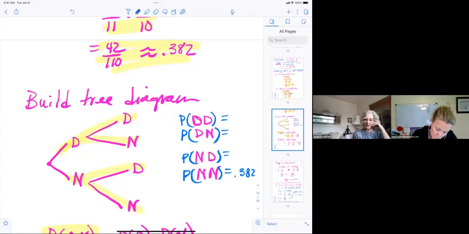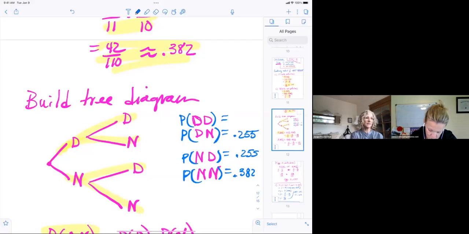Probability of not defective and then defective is 0.255. This is the same probability.